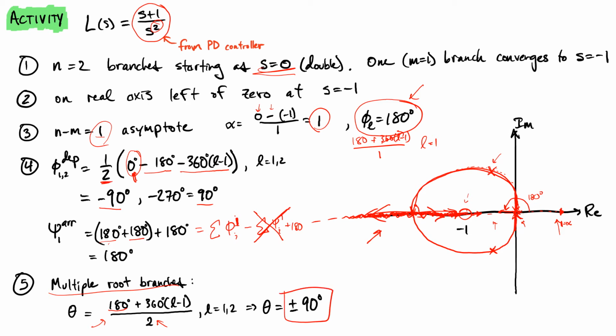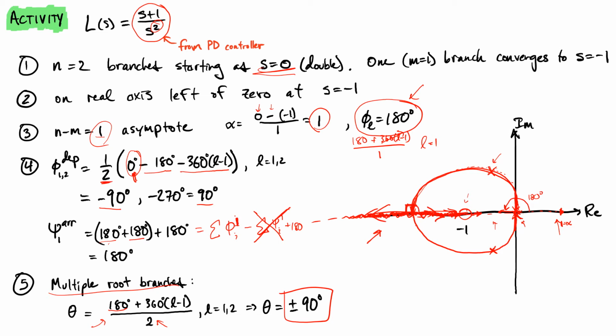And so what that means is whenever you have two branches coming together, they're going to come in and emerge at angles of 90. And so it means that when this comes around, it's actually going to come in perpendicular to the real axis. So that describes everything that we have here.